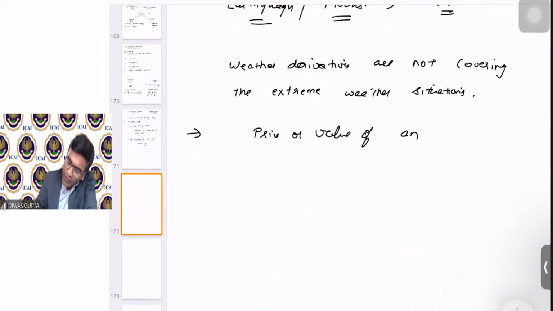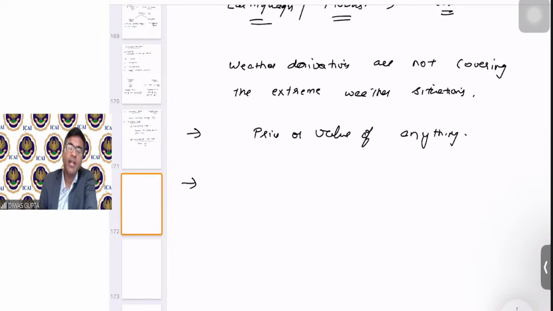Price or value of anything. Let's say price of an equity share, value of an equity share, right? In case of commodity, it will be the respective commodity's price, the gold price, silver price, correct?